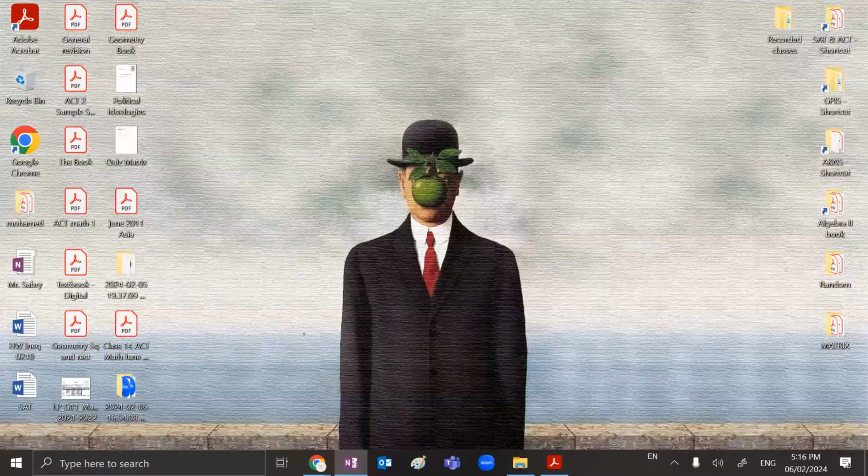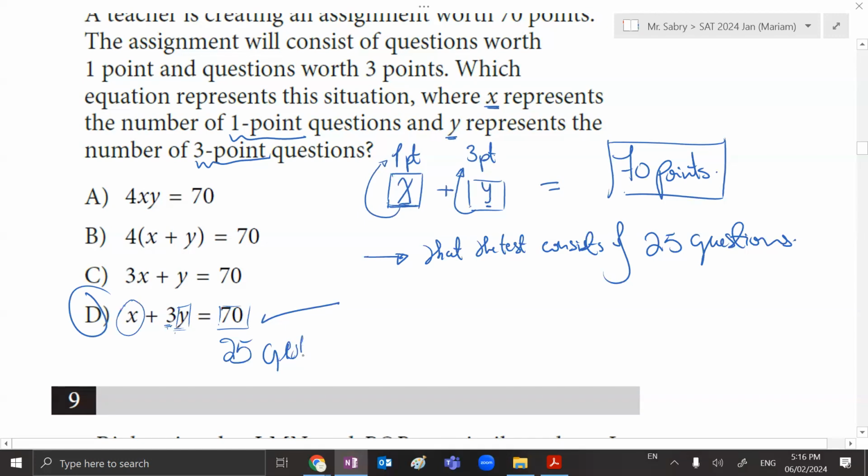Does that make sense to you? Wait, can you repeat? Again, in x plus 3y equals 70, what we did is we multiplied 1 point by the number, and then 3 points by the number of questions. Right?